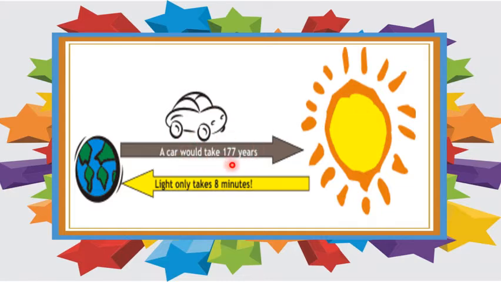A car would take how much time? 177 years if the car runs non-stop. But on the other hand, we can see that light only takes 8 minutes to reach the earth from the sun. Now here you can compare the speed of light with other objects or the things which are having this speed. Okay?